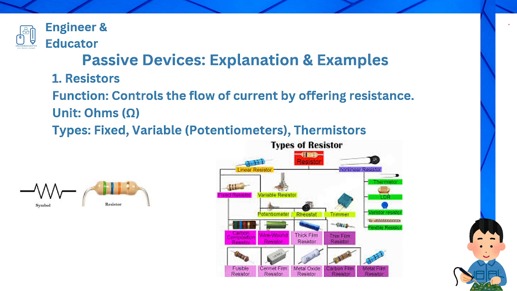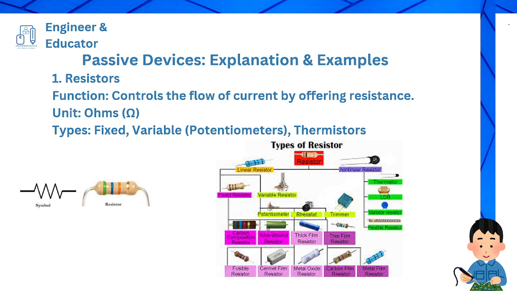Next, we are going to deal with passive devices. Passive devices, in any electronic circuit, cannot control current flow.